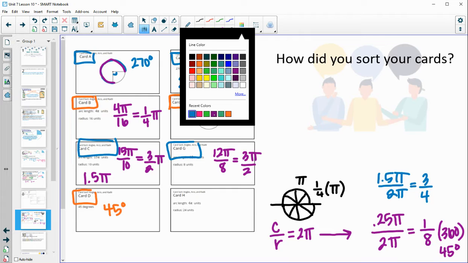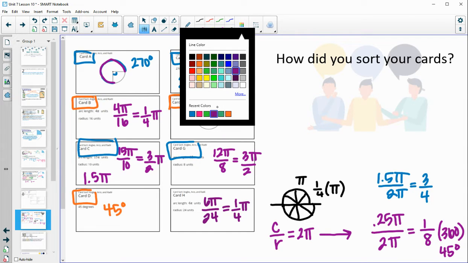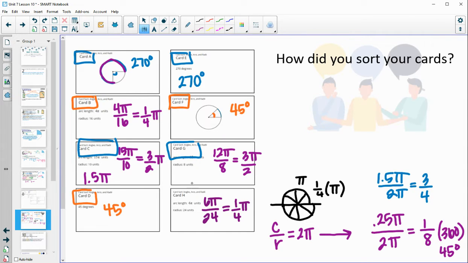And then if we take a look at card H, we've got 6 pi over 24. And 6 over 24 simplifies to 1/4 pi. And if your ratio is 1/4 of pi, then that comes from the same central angle as a 45-degree central angle.